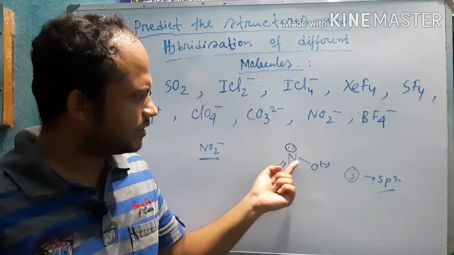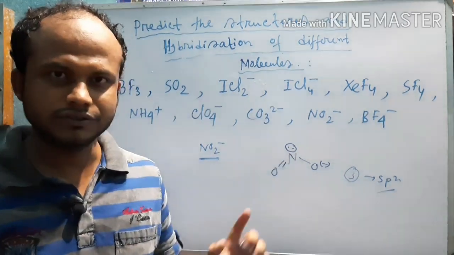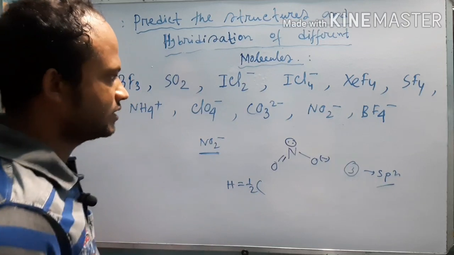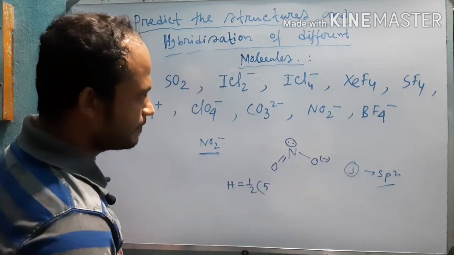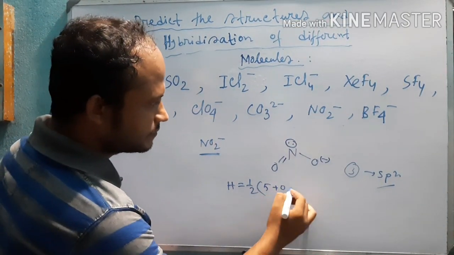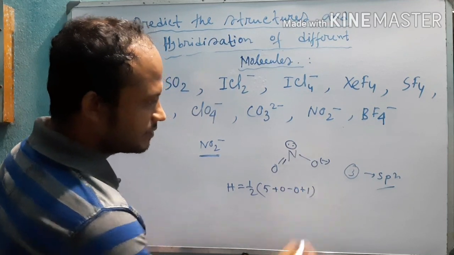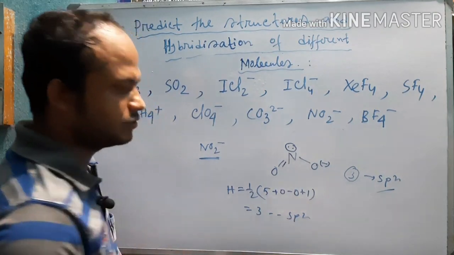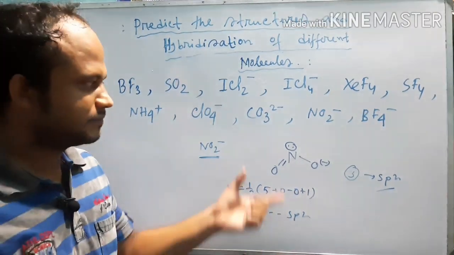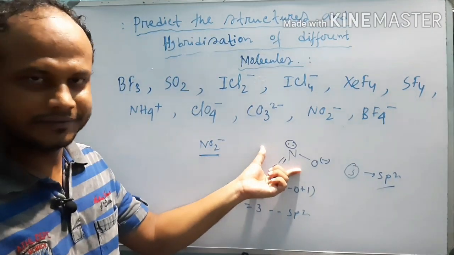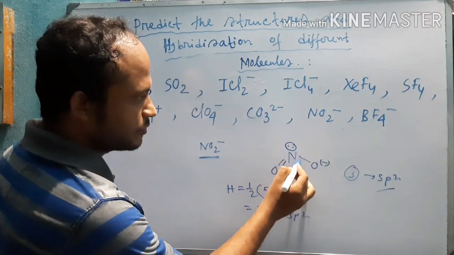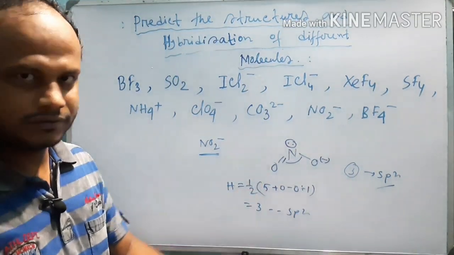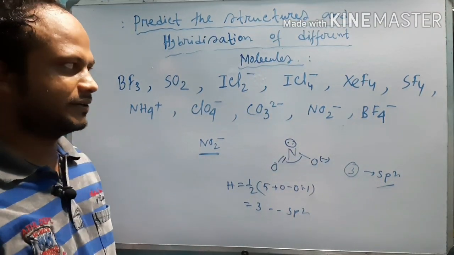If you use the formula, the number of valence electrons of nitrogen is 5, monovalent, that is 0, cation, that is 0, plus anion, that is 1, so that is 3, that is sp2. Clear? And the structure is angular. Due to the presence of this lone pair, the two sides bend, and the structure name is angular. Okay.